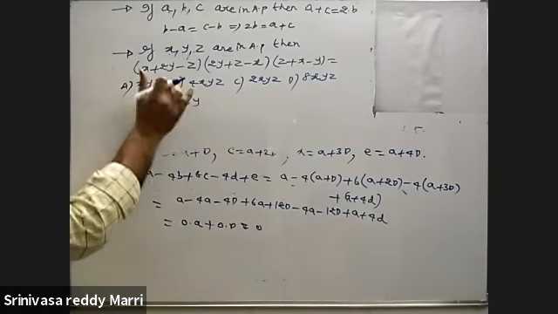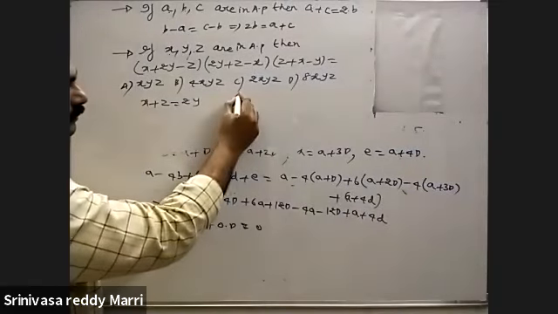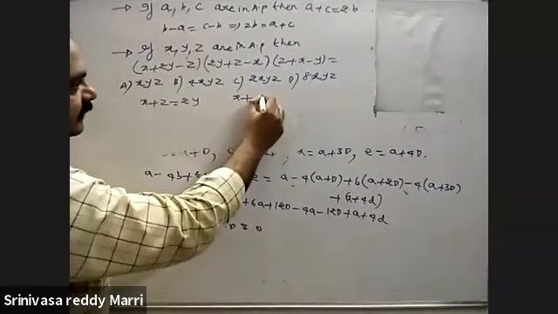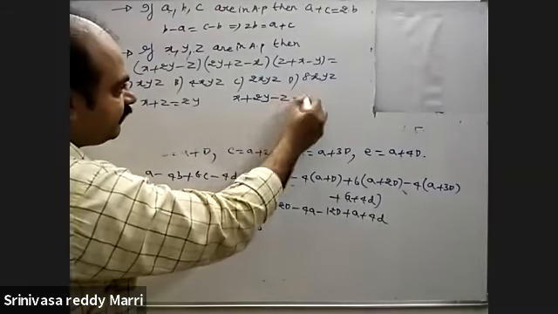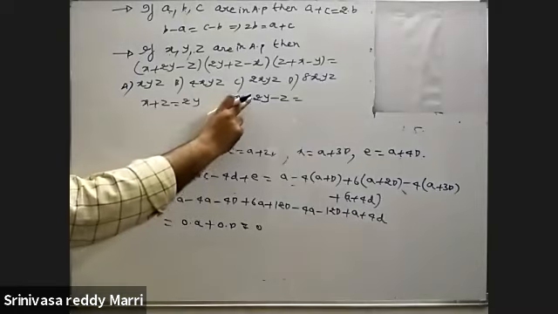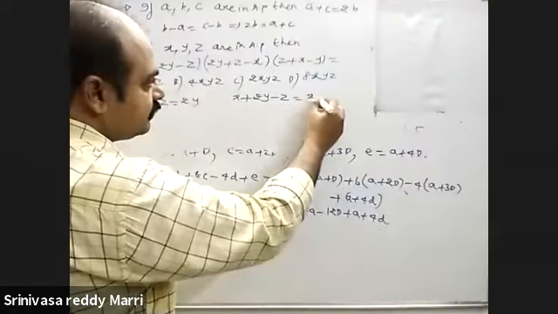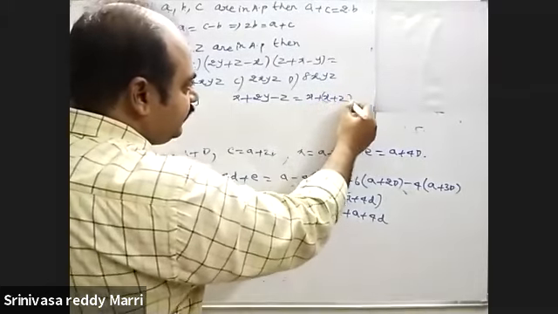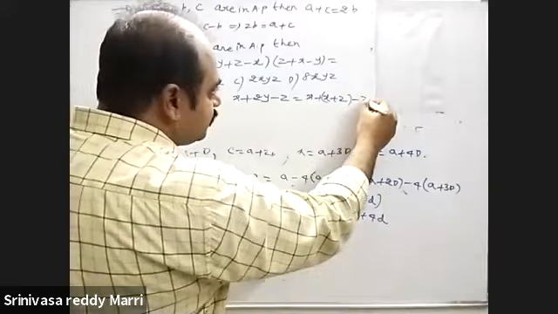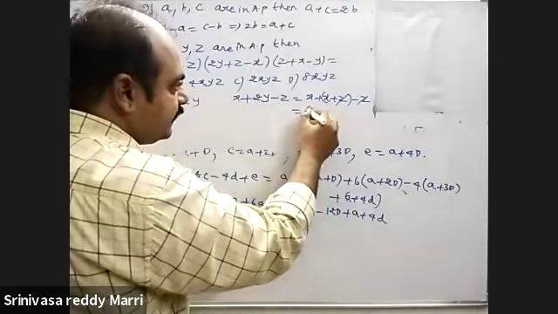Look at, take first one: x plus 2y minus z. For further simplification, I am writing 2y as x plus z, so that z will get cancelled. What is this then? 2x.